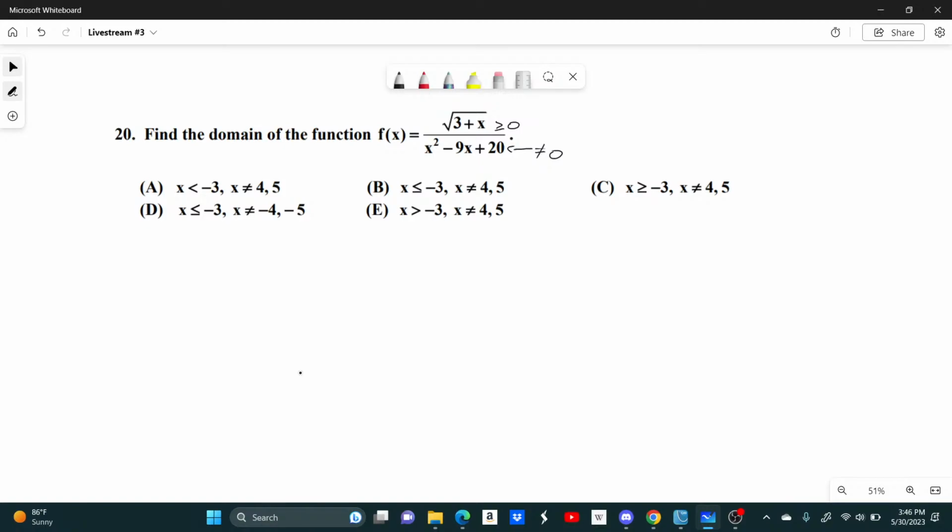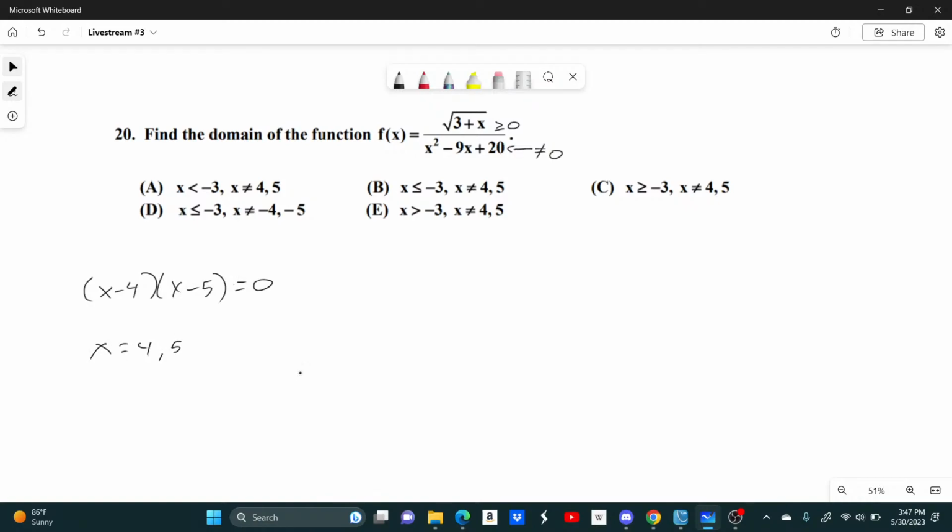So let's start with the denominator. x squared minus 9x plus 20. Well, when is this equal to 0? Looking at this, I can factor this into x minus 4 and x minus 5. So this equals 0 when x equals 4 and when x equals 5.